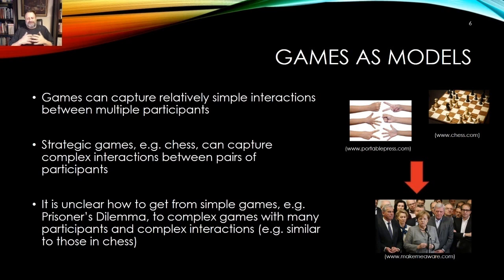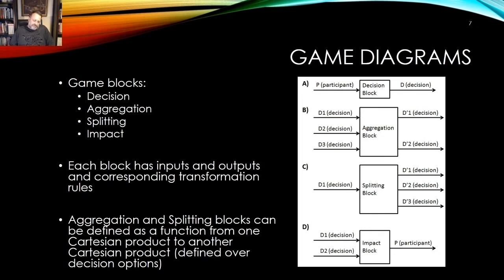So really the question that is not really resolved by current models is how do we get from these relatively simple games to the much more complex games which we can observe in today's society. Here what we propose is a new way of looking at games using diagrams. So what we propose is that all games are represented using diagrammatic blocks.